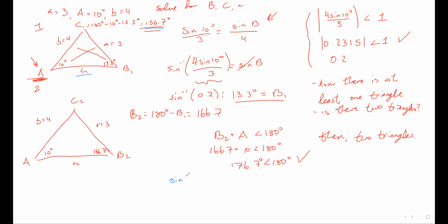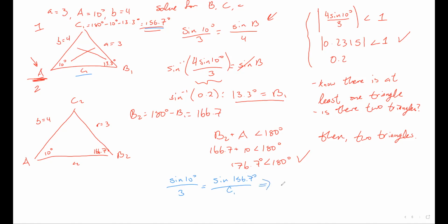So maybe I'll use A, sine 10 degrees over 3 is equal to sine of C, which is 156.7 degrees, all over C1. Whoops, let me make that a little c. There we go.